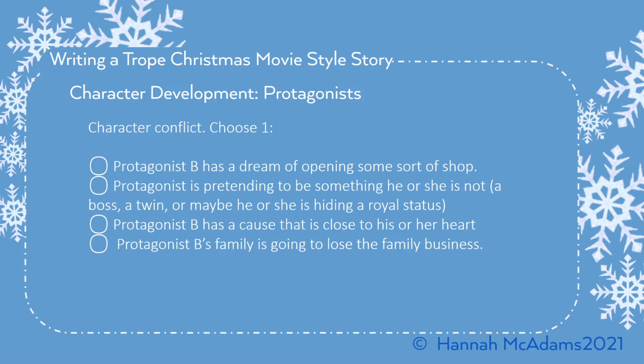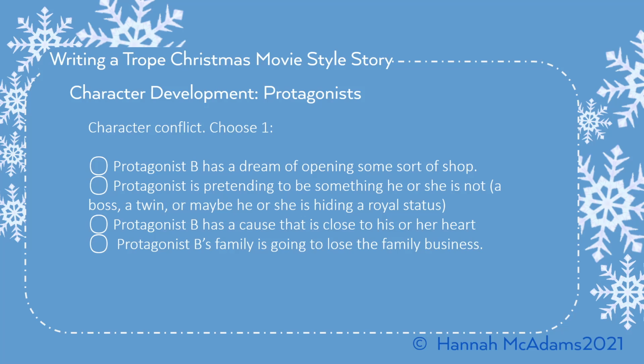Maybe she's pretending to be her boss, or maybe she's pretending to be a twin. I've seen one where she's a reporter, but she doesn't want anybody to know that she's reporting on anything. So any of those. Okay, I really like that storyline. I didn't pick it when I was writing this program, but I really like that storyline.